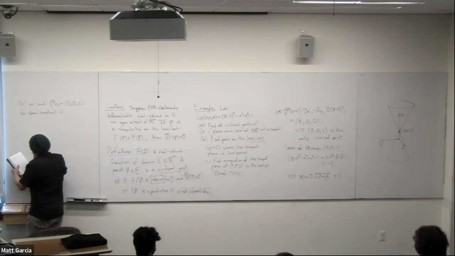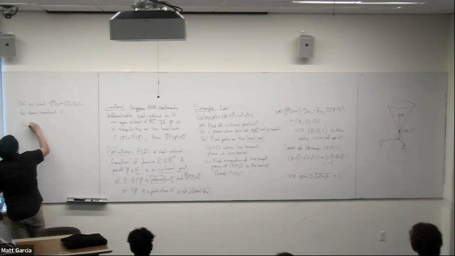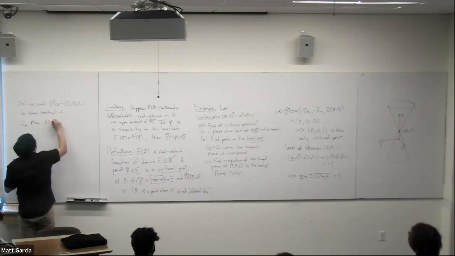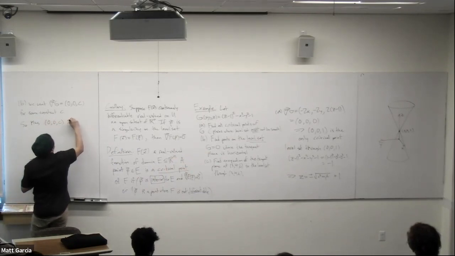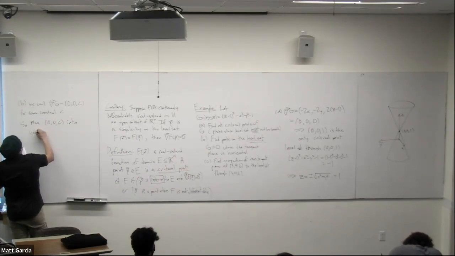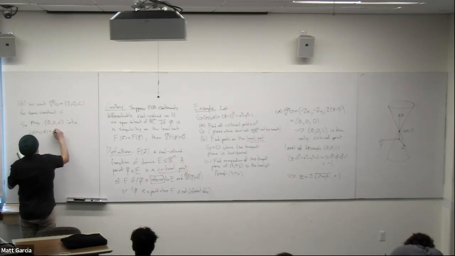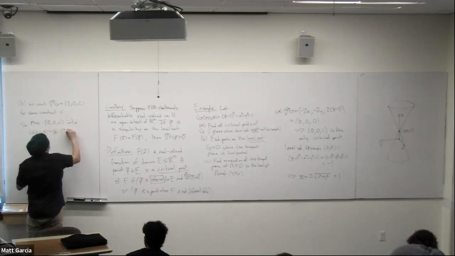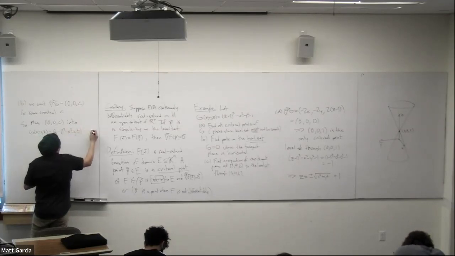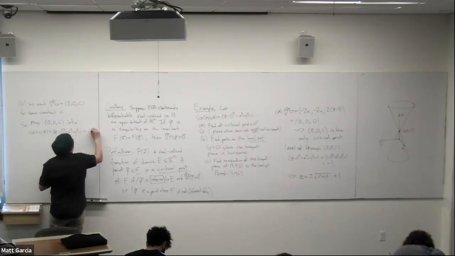So plug (0, 0, c) into g(x, y, z), well, let's write this out. (z - 1)^2 - x^2 - y^2 - 1 equals 0.